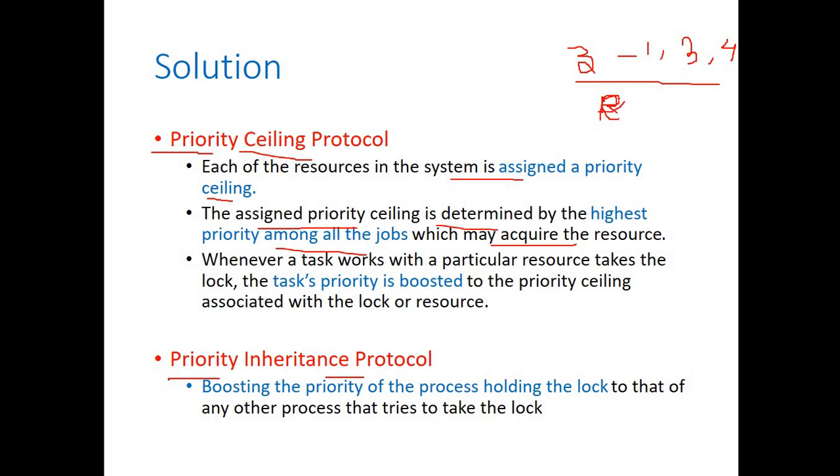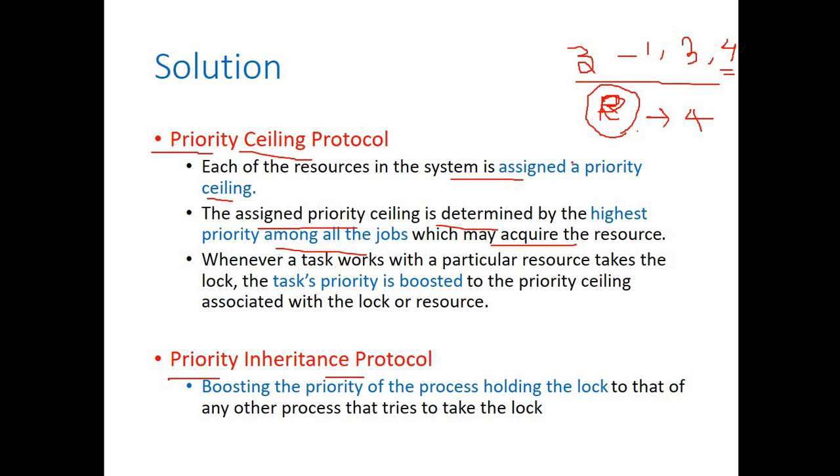Now the priority of this resource is made as 4 because the highest priority of the process is 4. So therefore the priority ceiling is assigned to this resource. The assigned priority is determined by the highest priority among all the jobs.